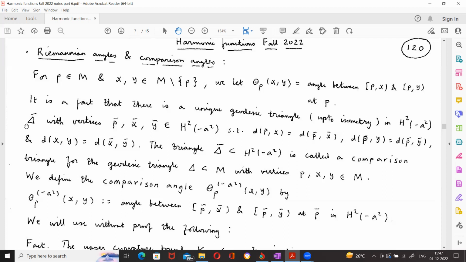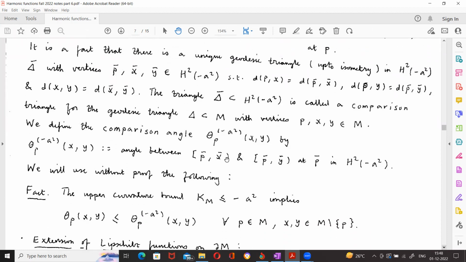So there is a unique geodesic triangle delta bar with vertices p bar, x bar, y bar, which has the same distances as in the manifold M. So this triangle delta bar is, as we've described earlier, a comparison triangle for the geodesic triangle delta in M. And then we define the comparison angle theta P minus a squared of x y to be the angle at p bar in the model space.